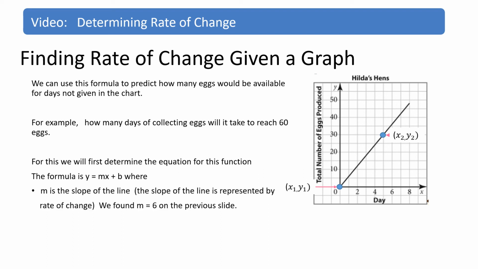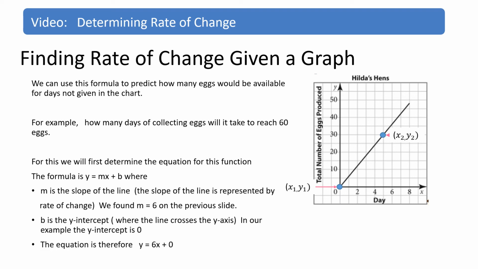The slope of the line is represented by the rate of change. We found m is equal to 6 in the previous slide. b is the y-intercept, where the line crosses the y-axis. In our example, the y-intercept is 0, and therefore the equation is y equals 6x plus 0.